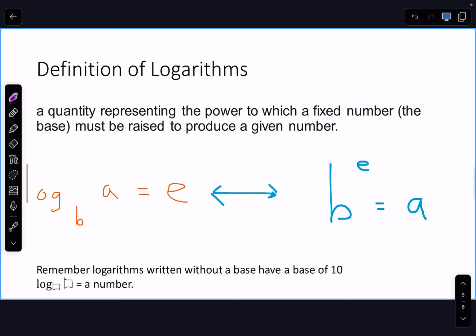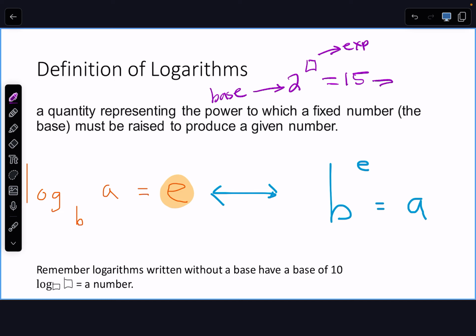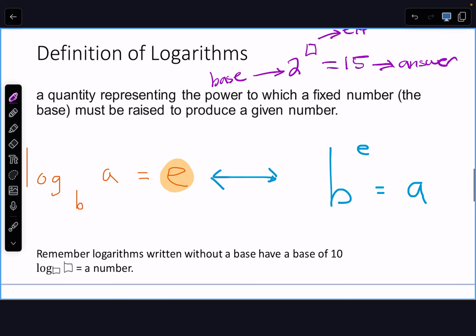So everybody, we have something called logarithms, and what logarithms do is they help us find the exponent that we're missing. So for instance, we had 2 to the power of what equals 15. We know 2 is our base. We know this is our exponent, and we know this is our answer. So if we write this in this equivalent form, I always call it BAY.